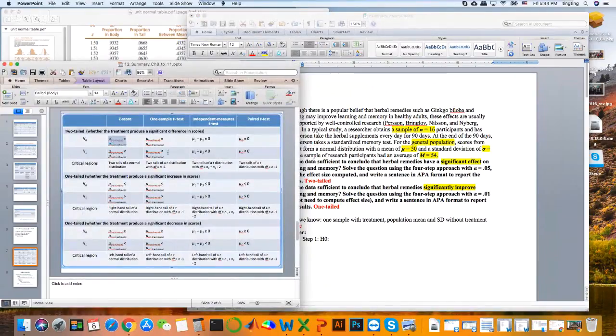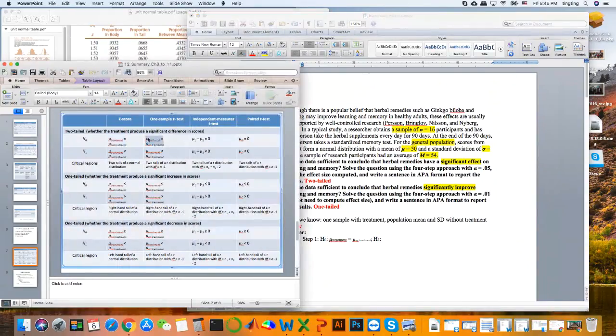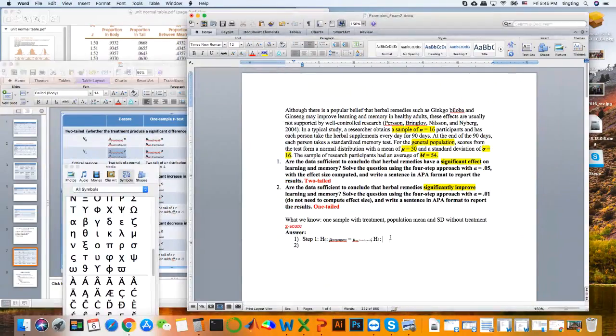So this is the H0: the population mean after treatment is equal to the population mean before treatment. And then we also need to write down H1, which is this. Sorry, this means the population mean after treatment is not equal to the population mean before treatment, which means we do have a treatment effect.